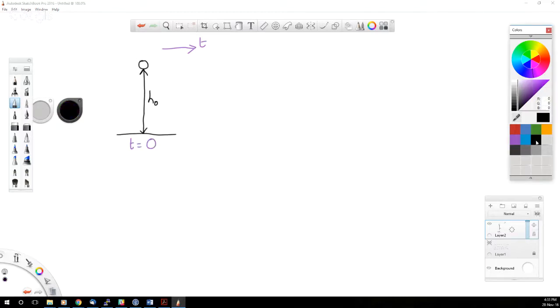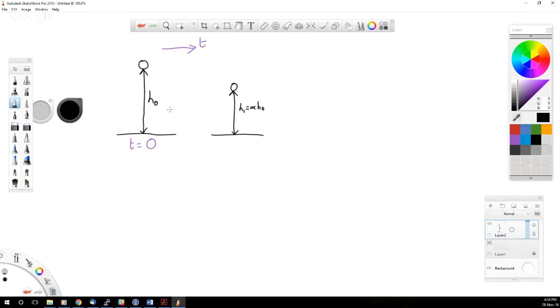And then after the first bounce, it ends up at a height h1 equals alpha h0.